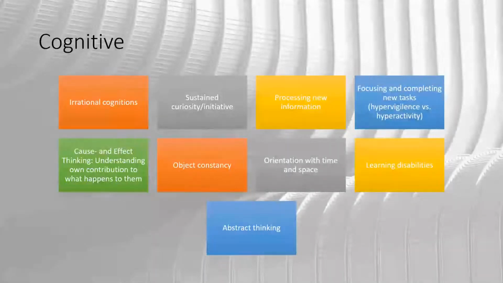So tonight, I just put up the cognitive domain of development. I'm going to take a cognitive skill and show how it relates to the social skills and how we can get some of the cognitive skills going. But in the cognitive domain of development, these are all the skills that we're looking for kids to develop, where their trauma gives them irrational cognitions.